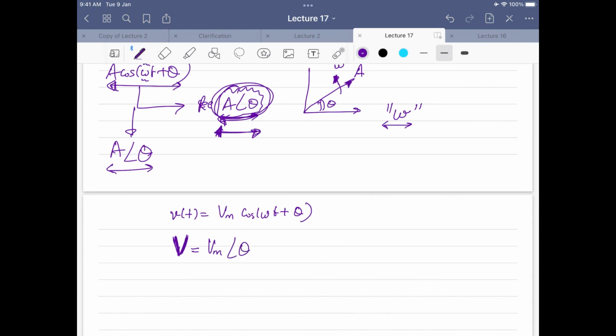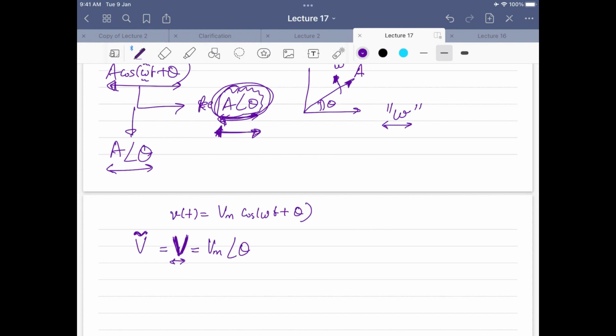It is difficult to draw these bold letters every time I explain, so I will write it as V with a mark, like this. You can understand that it is equivalent to the bold letter.